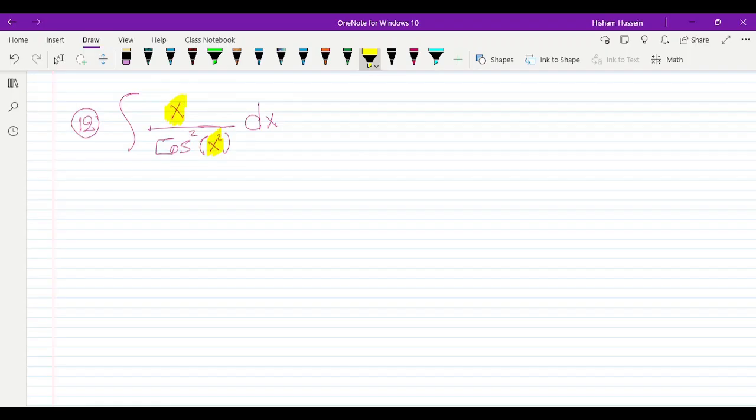But what will be the main function? The main function is 1 divided by cosine squared, which we can reformulate as sec squared. So it will be sec squared of x squared times, don't forget this x in the numerator, dx.